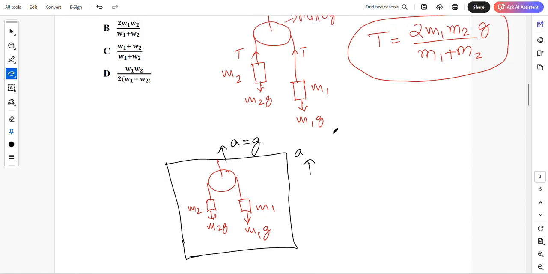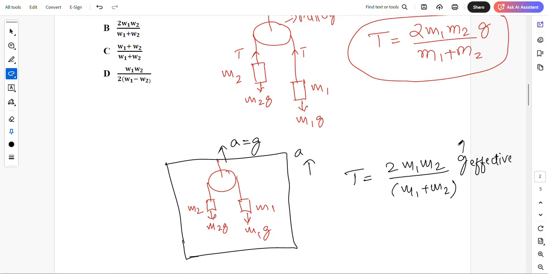What is the formula? We have seen it in the previous videos also. T is equal to the same formula, 2 m1 m2 divided by m1 plus m2, and g will be effective, g effective. What is g effective? Here, if a is upwards, it is g plus a.